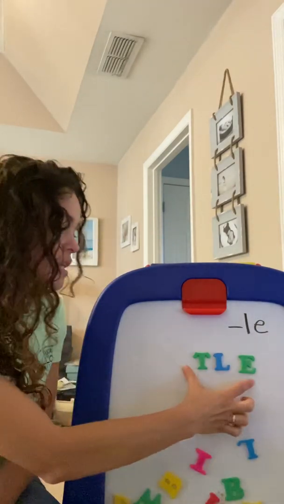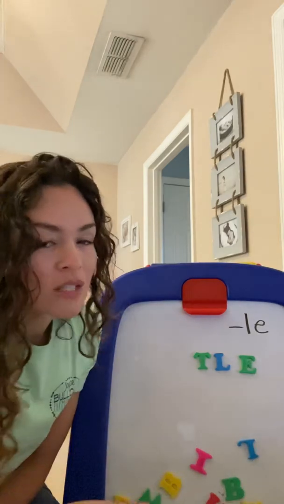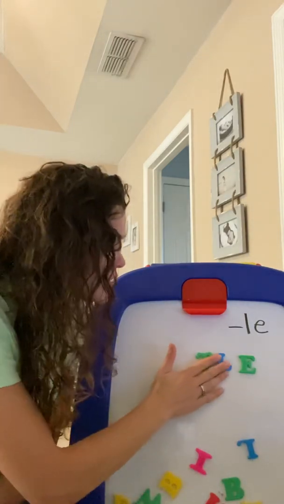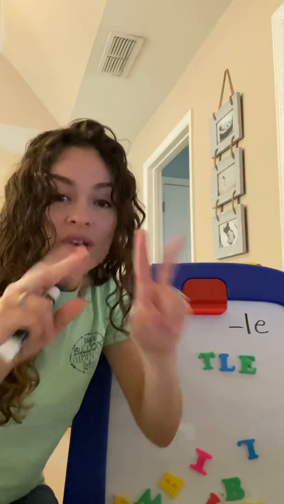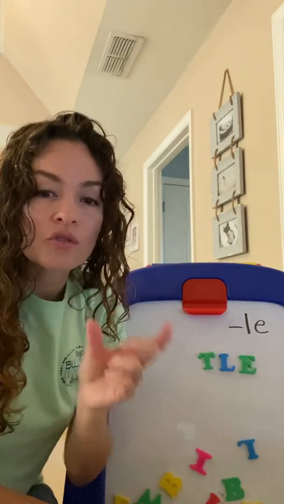This is its own syllable type, even though I don't hear that E. This may be tricky for my boys and girls, because we've talked about all year long that a syllable is a word, do it with me, or a part of a word that has a talking vowel, or a vowel that you can hear, okay? And most of the time it does. All syllables do have a vowel.